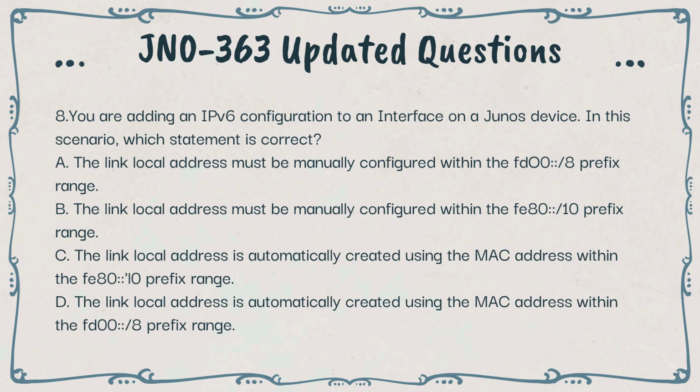B. The link local address must be manually configured within the FE80::/10 prefix range. C. The link local address is automatically created using the MAC address within the FE80::/10 prefix range. D. The link local address is automatically created using the MAC address within the FD00::/8 prefix range.